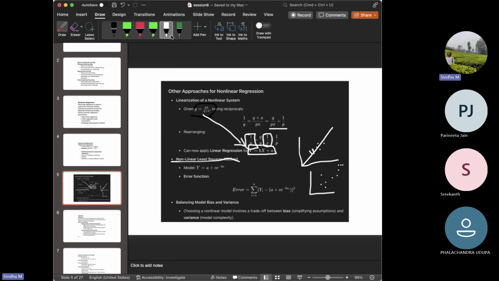In this case, instead of drawing a straight line, the data will be better fitted with a curve like this. And here similarly we do the same thing of minimizing the squares.